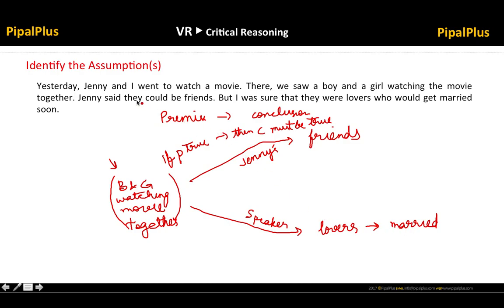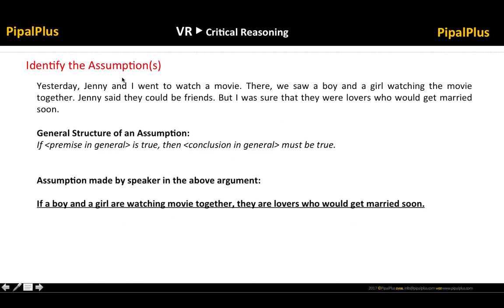So you notice that the assumption is very simply, if premise in general is true, then the conclusion in general must be true. Okay, so I've written the speaker's assumption here. The speaker's assumption is if a boy and girl are watching a movie together, they must be lovers who would get married soon, right? So this forms the assumption of our argument.